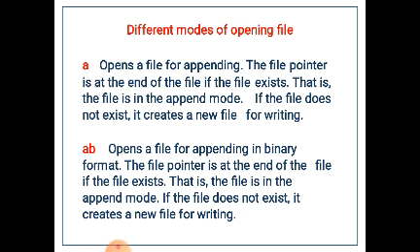But if the file does not exist, it creates a new file for writing. Till now we have seen that the file pointer will be placed only at the starting. But here in append mode, the file pointer will be placed at the ending if the file exists. But if the file does not exist, it starts writing a new file.